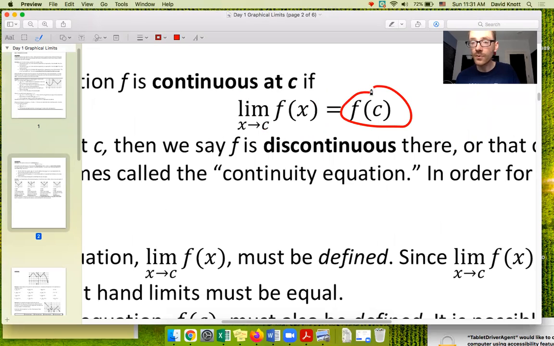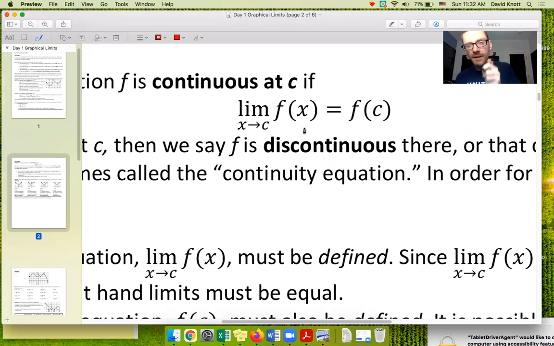That's something that can go wrong. So in order for this whole equation to be true, this expression must be defined. The function must be defined at the point. That's the second thing that needs to go right.